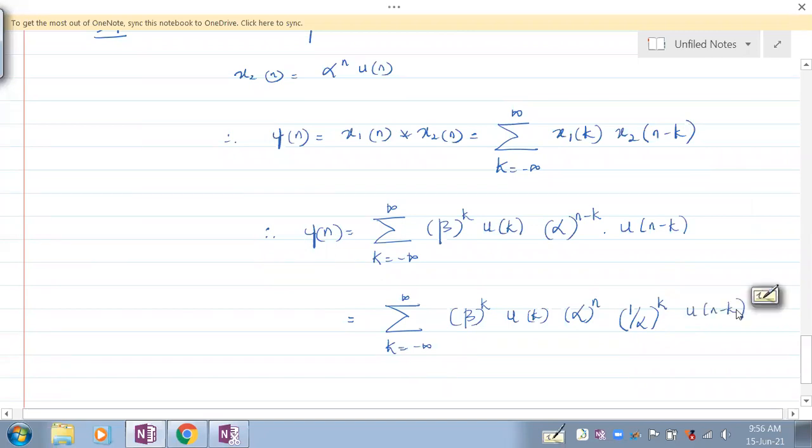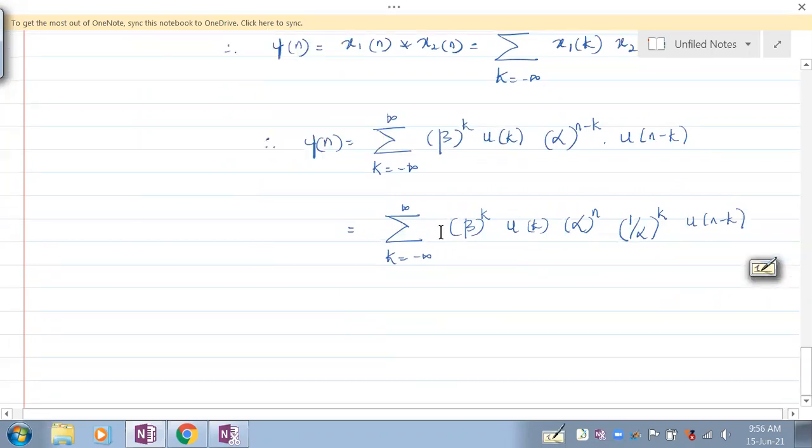Now, in this summation, where k ranges from minus infinity to infinity, which part has got nothing to do with the summation? Which signal here can be taken outside the summation? Alpha power n has nothing to do with this summation. So let's bring alpha power n outside and combine beta power k and 1 by alpha power k.